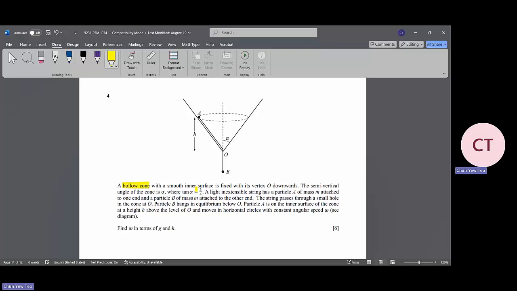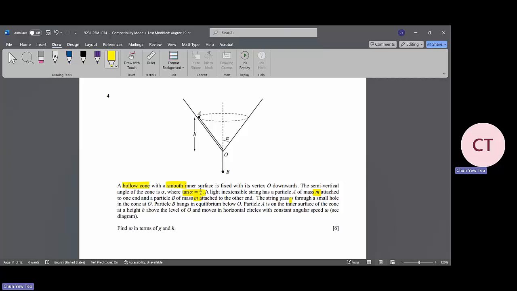A diagram over here shows a hollow cone with a smooth inner surface, fixed with the vertex O downwards. The semi-vertical angle of the cone alpha is given as tangent alpha equal to 4/3. A light inextensible string has a particle A of mass m attached to one end and a particle B of mass m attached to the other end.